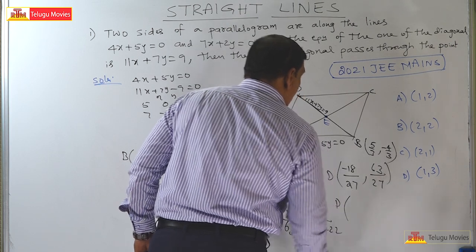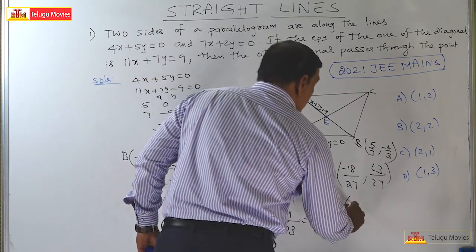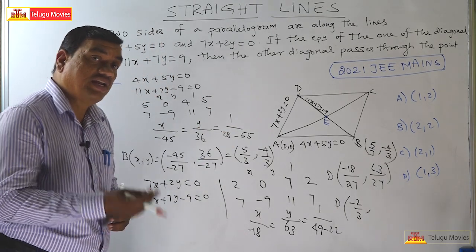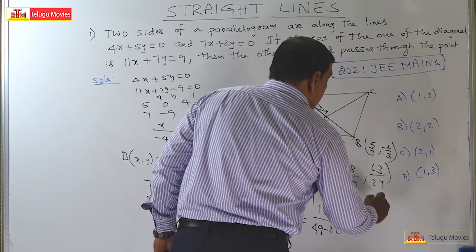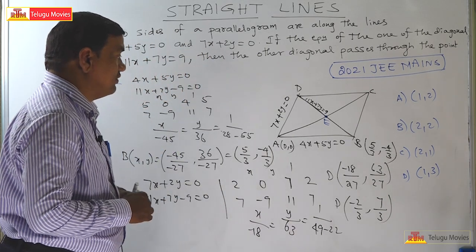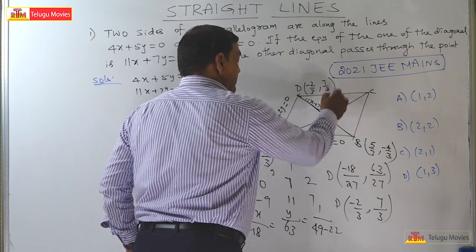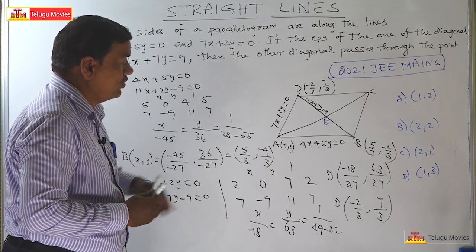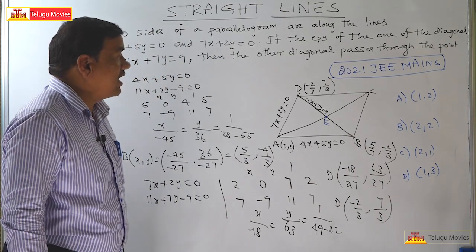So 18 by 27 we can cancel with 9: 9 twos are 18, 9 threes are 27. And 63 by 27 you can cancel with 9: 9 sevens are 63 and 9 threes are 27. So that is minus 2 by 3 comma 7 by 3.